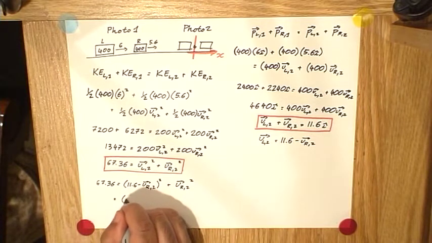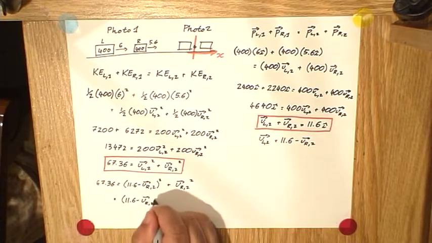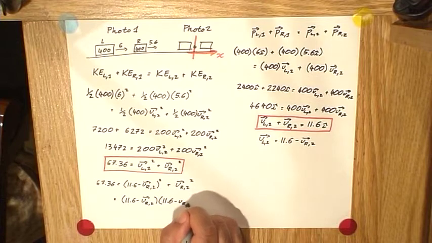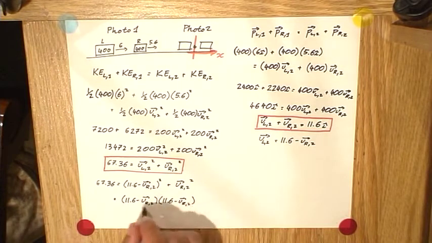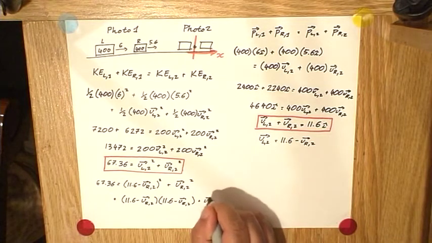Expand this out. 11.6 minus velocity of the right car in photo 2 multiplied by 11.6 minus velocity of the right car in photo 2, because we're squaring it, it's the same thing as writing it twice, plus velocity of the right car in photo 2 squared.